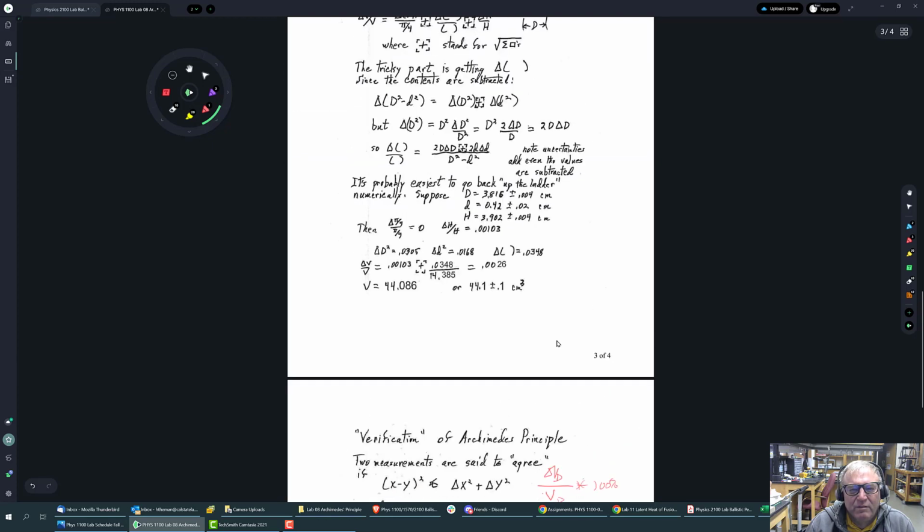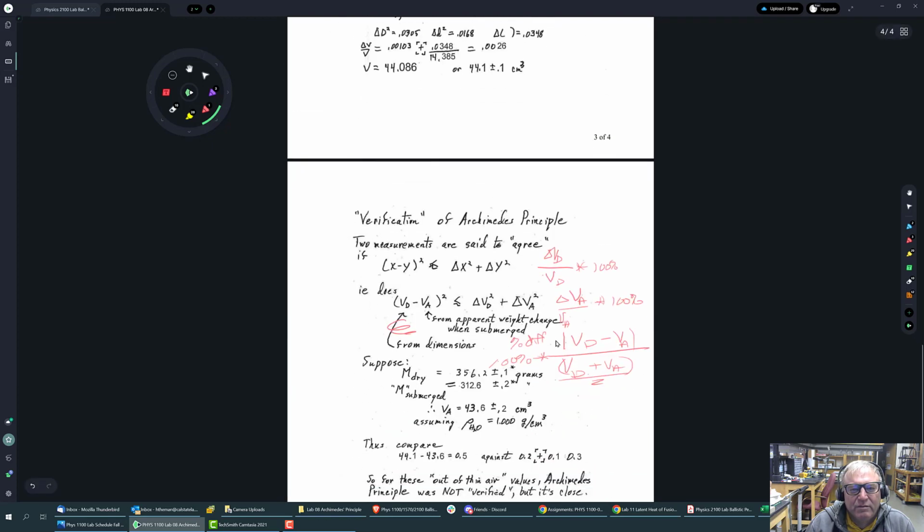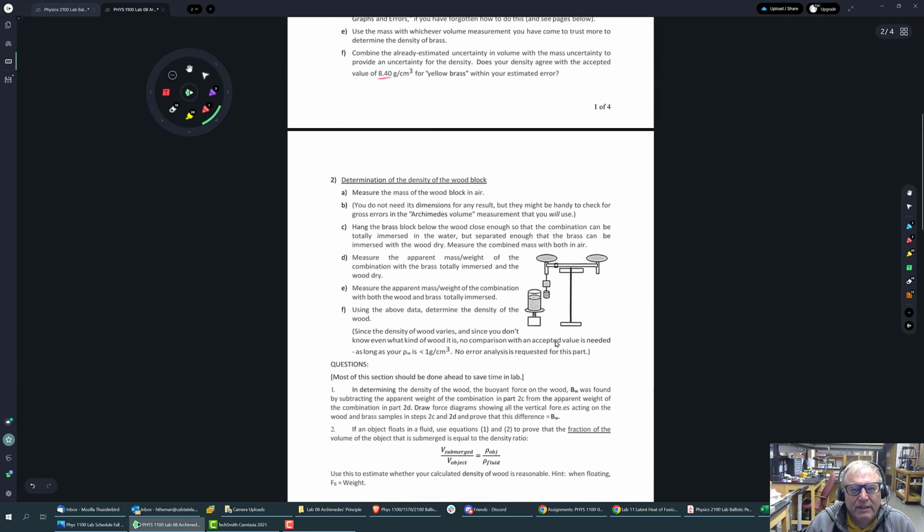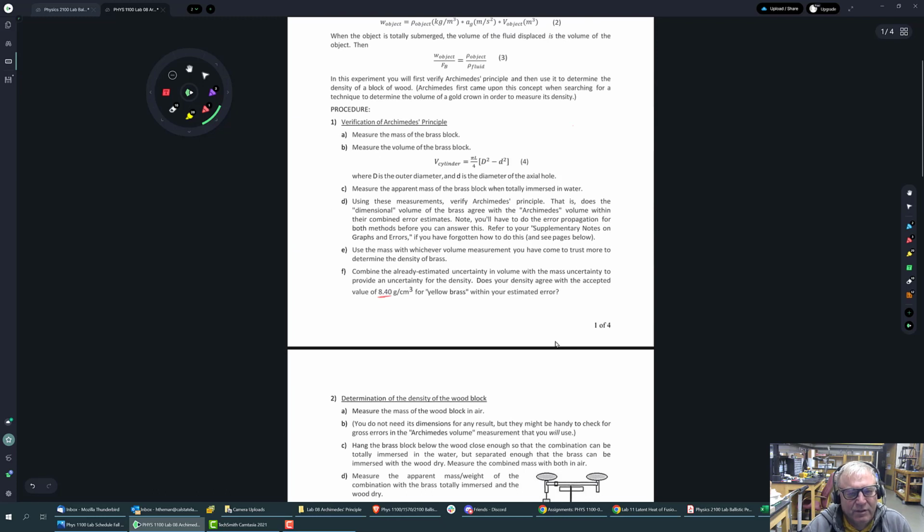So what we want to do now is we want to say, okay, we can do a percent difference here. And then how can we assign, measure the apparent mass with these, verify as, does the dimensional volume of the brass agree with Archimedes' volume?